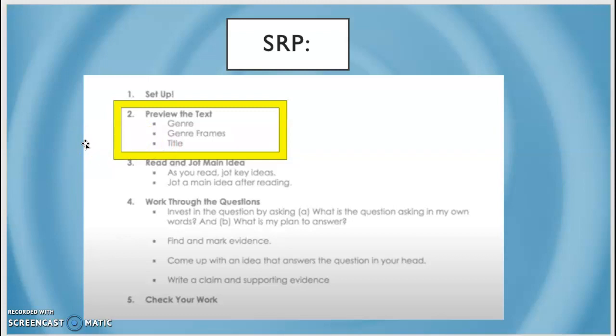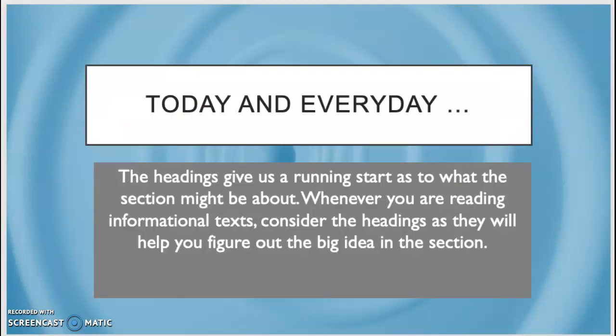So how can we use that title to help guide our thinking as we are reading this informational text? The author purposely chose to have that title to give us a little hint or preview of what to expect as we read.